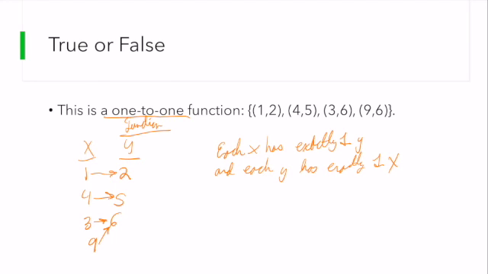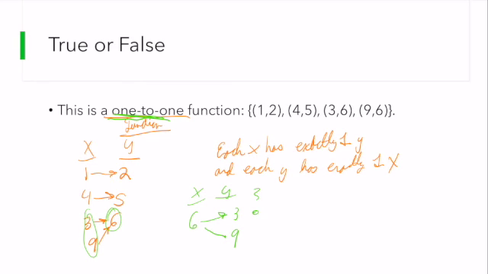Because I have 3 and 9 going to 6, this is not a one-to-one function. Remember, one-to-one functions have to have inverses. And if I did this function the opposite way, so I had 6 going to 3 and 9, would this vending machine work? No, this vending machine would not work. Okay, so we can't find its inverse because this is not a one-to-one function.